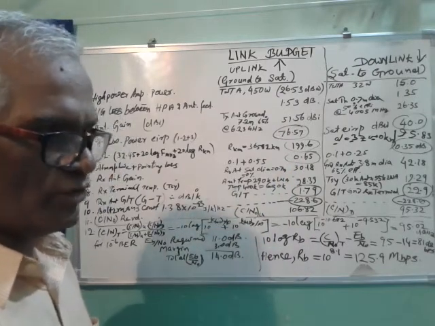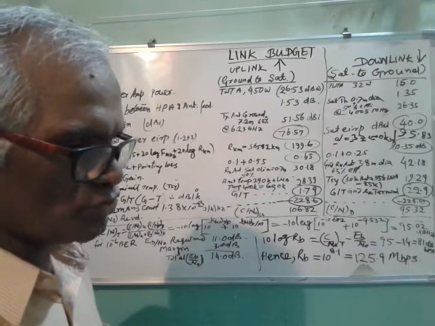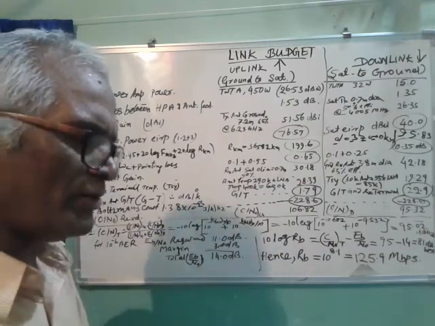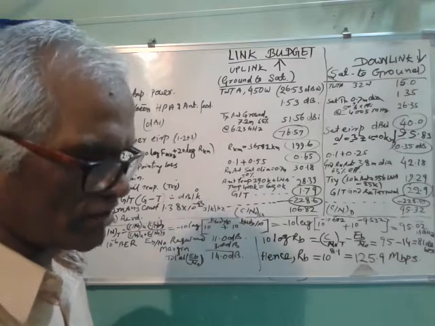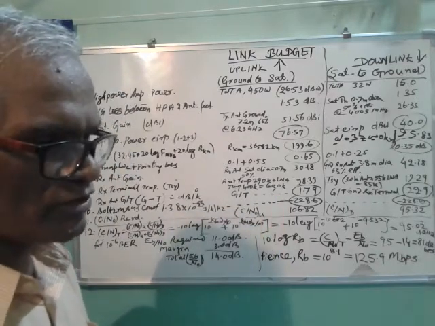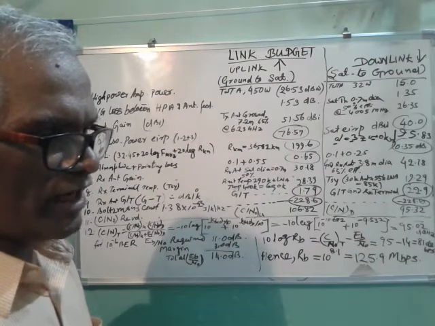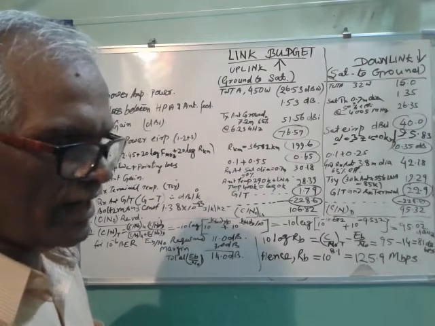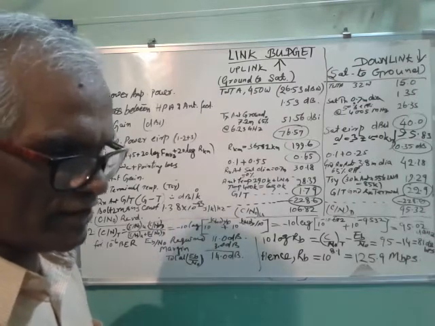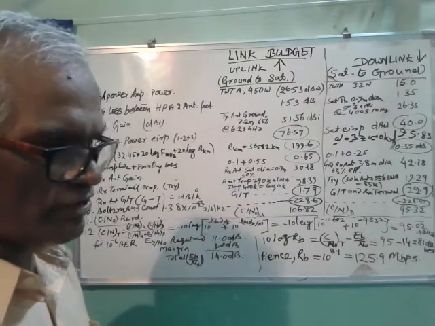Then after knowing all those things, we can choose what kind of station is required, how much antenna diameter, what power size, and on the receive side how much antenna diameter, and what LNA noise temperatures are required.